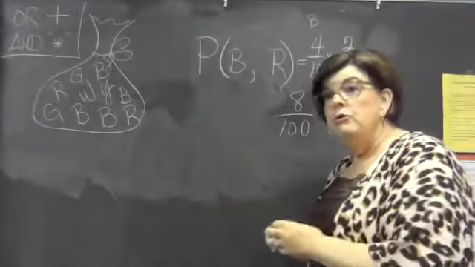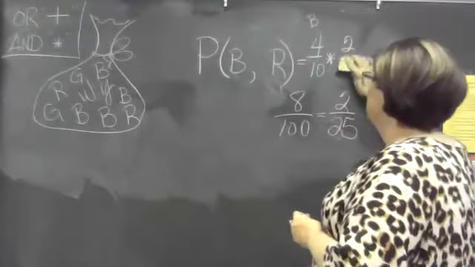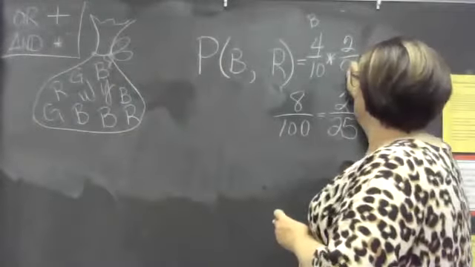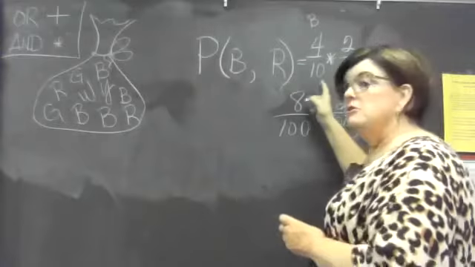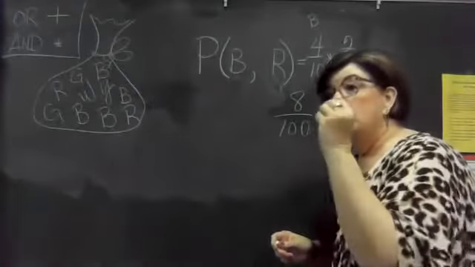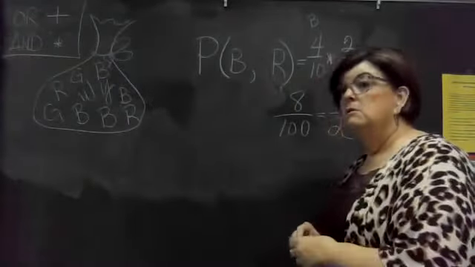There's still 2, right? But how many total are in there now? 9. So you're still going to multiply, but you're going to use different fractions here depending on whether you replace or you don't replace. You take it out and leave it out. Yes?